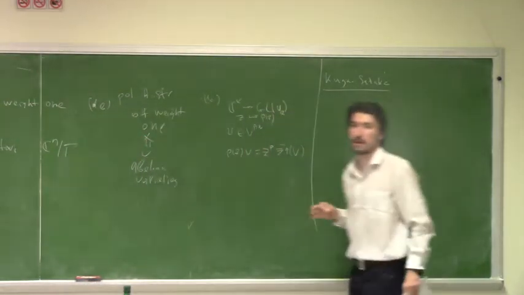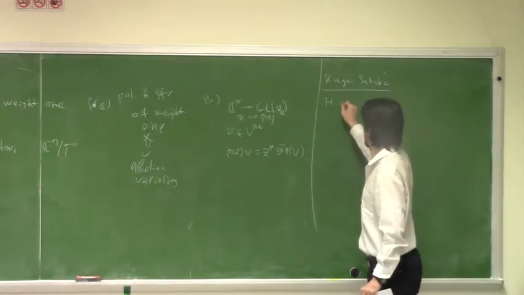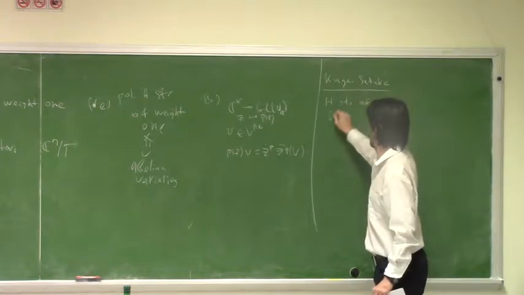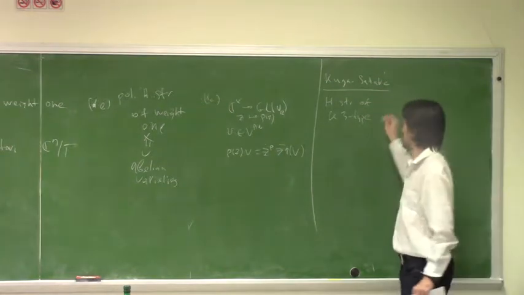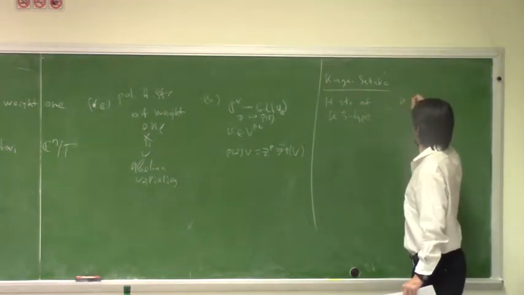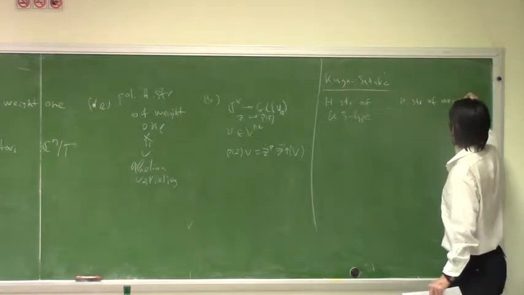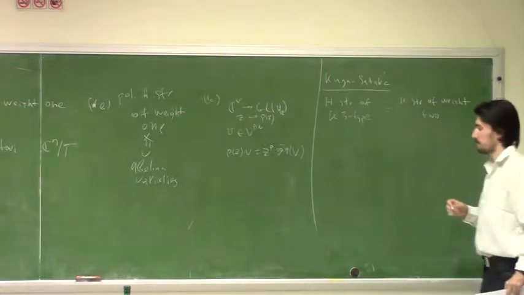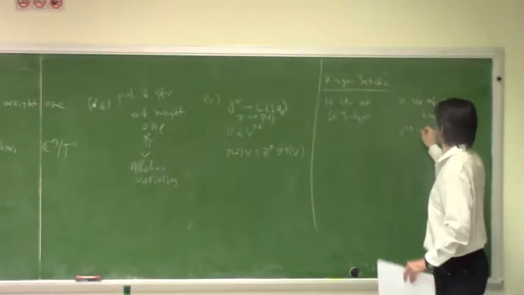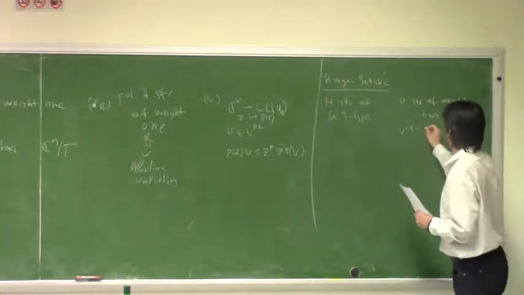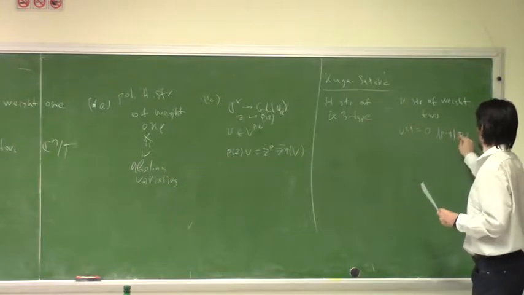So let me recall the original Kuga-Satake construction. First of all, we have the Hodge structures of K3 type. What is it? It's a Hodge structure of weight 2, and V^{p,q} is 0 if the modulus of p minus q is bigger than 2.